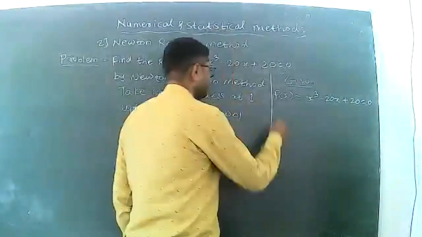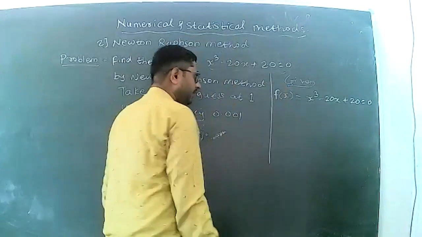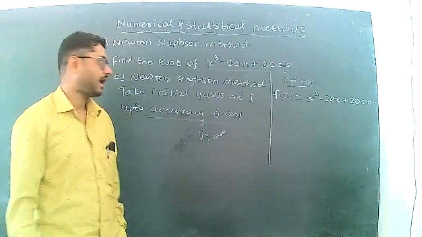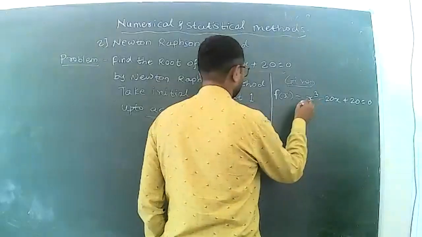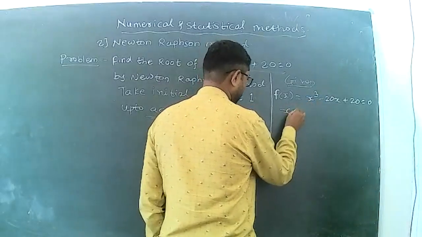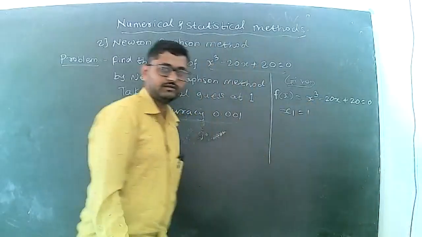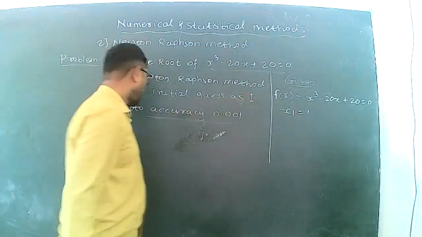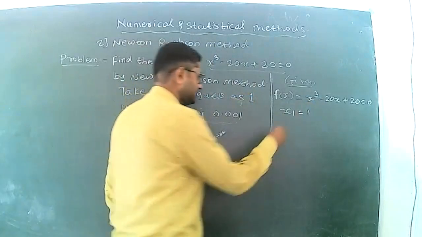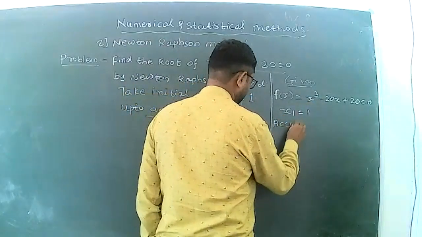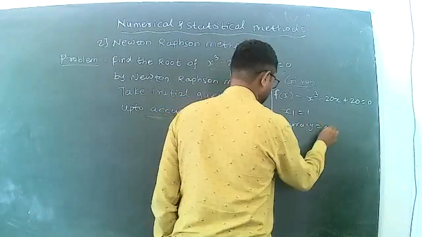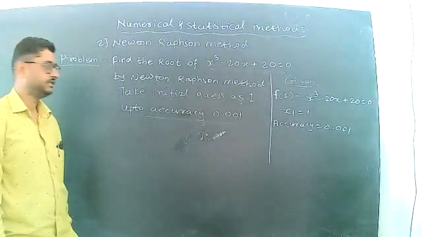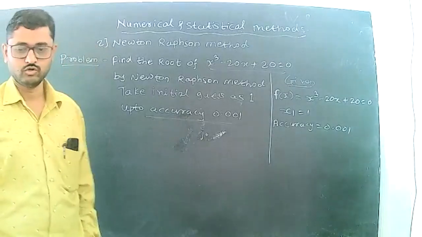It is also given that the initial guess x1 is 1, and the accuracy is 0.001.